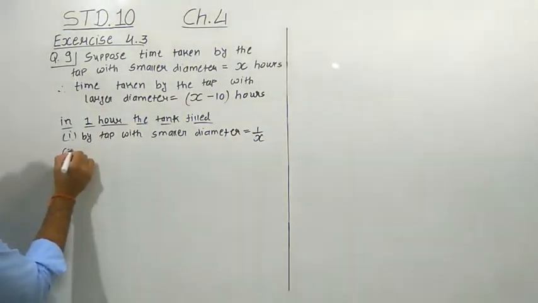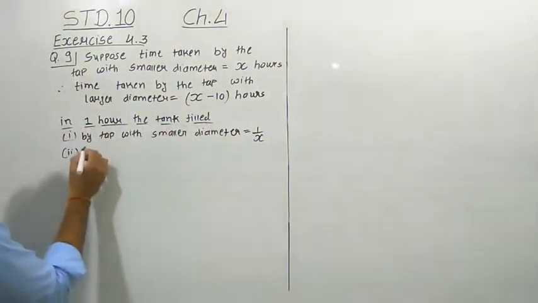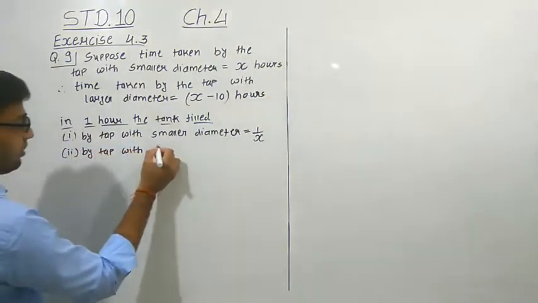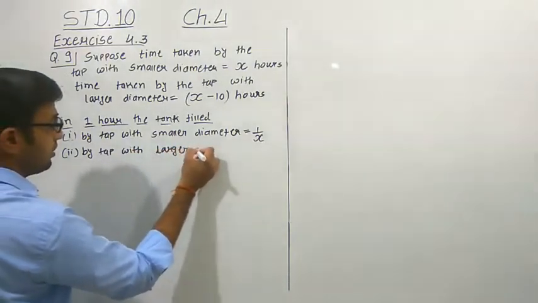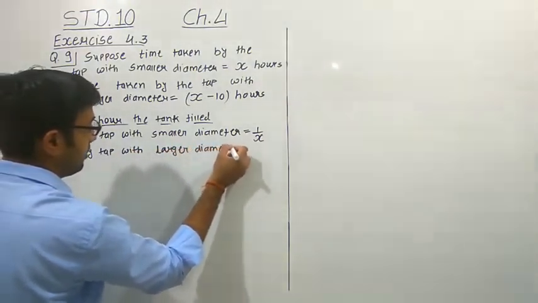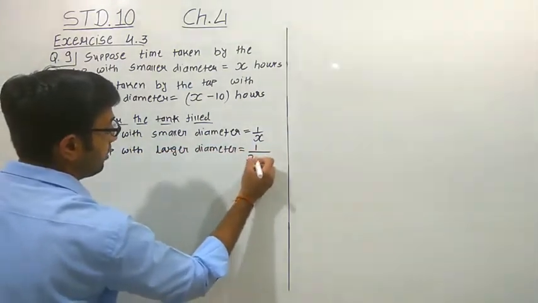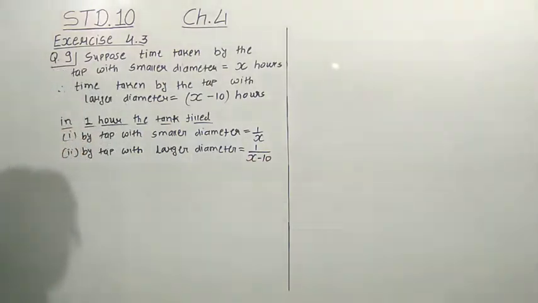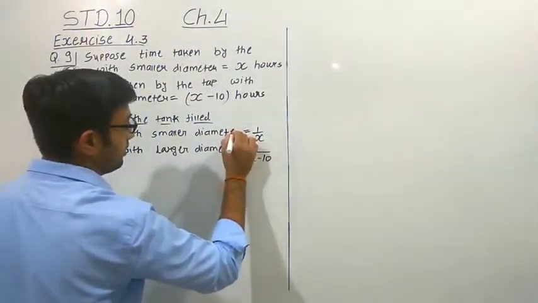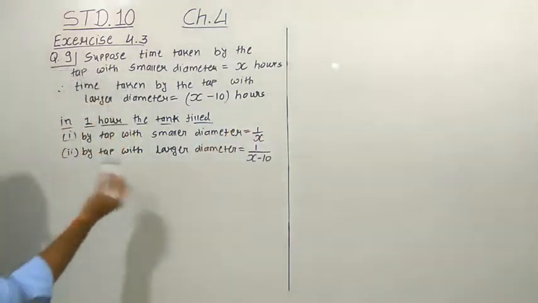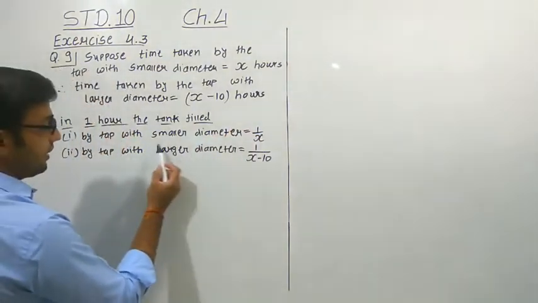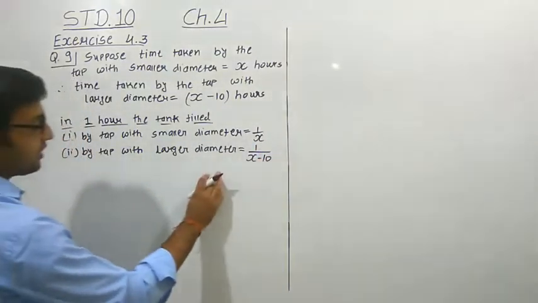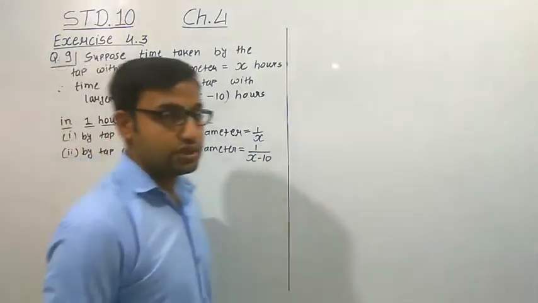And second one, in 1 hour the tank filled by tap with larger diameter is how much? 1 upon x minus 10, right? So this is the relation. Here we find that in 1 hour separately the smaller diameter tap can fill the tank 1 upon x, and the tap with larger diameter can fill the tank 1 upon x minus 10.